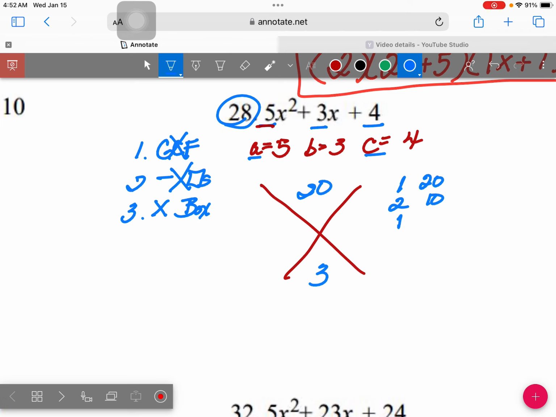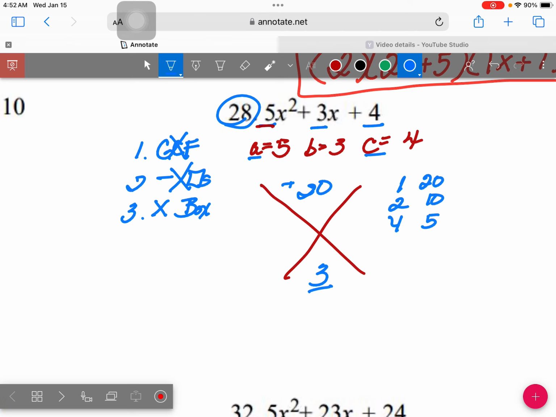So, 3 is not a factor of 20, and we got 4 and 5, and so I know I've got them all. As I look, I could either have a positive times a positive to give me this positive 20, or a negative times negative. And as I look, 1 and 20 definitely don't make 3. 2 and 10 definitely don't make 3. 4 plus 5 is 9.